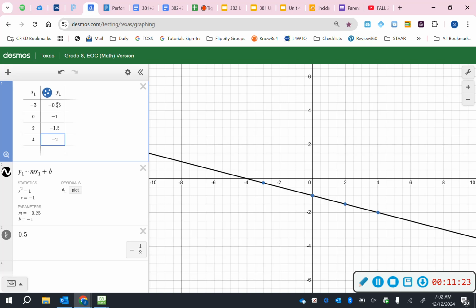And they told us that our m is -0.25 and that our b is -1. I'll go ahead and change that into a fraction. -0.25, click on the fraction button, is -1/4.